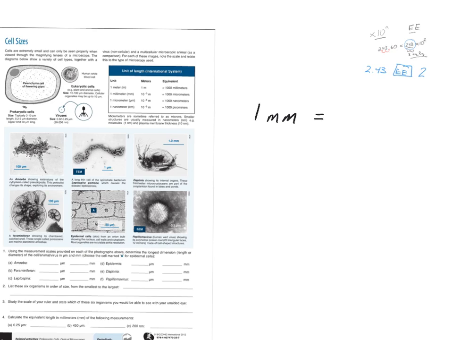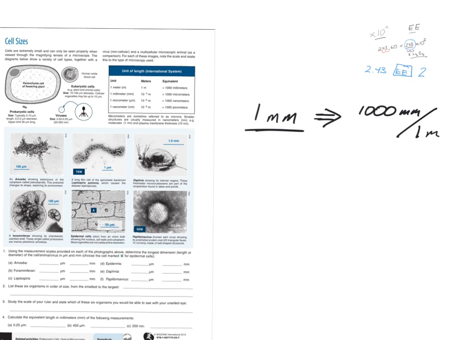There's 1,000 of these millimeters in 1 meter. So if you took a meter stick and counted each millimeter, there would be 1,000 of them in it.